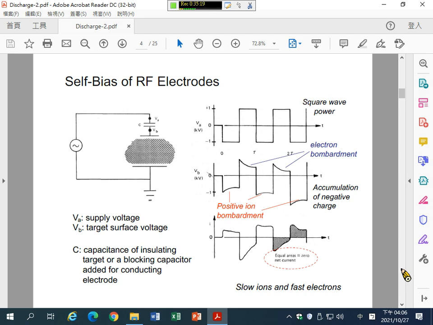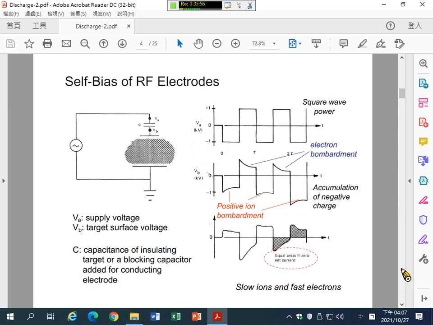And at this time point, the polarity of the RF power supply reverses, because the output here changed from minus 1000 volt to 1000 volt. So there is a difference of 2000 volt. For example, the surface of the top electrode changed from minus 800 volts to 1200 volts.